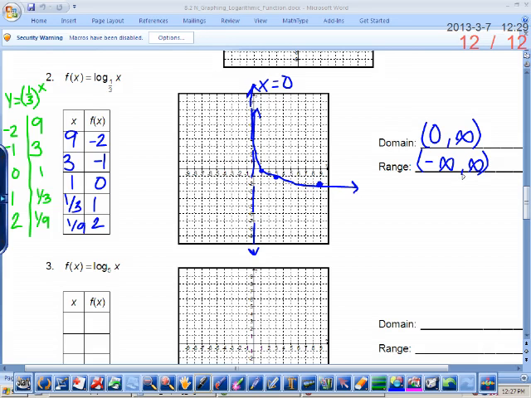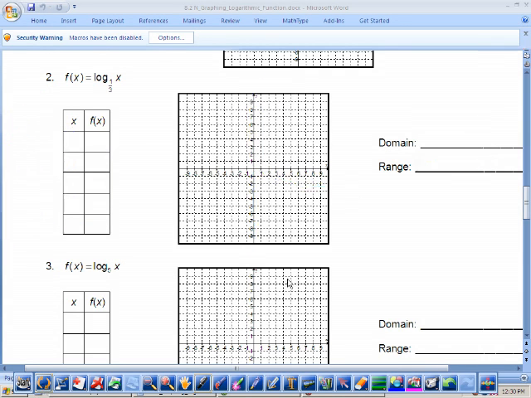All right. Go ahead and try number 3. You don't have to fill out that whole table, but give yourself an idea. Okay, maybe 3 or 4 points. Go ahead and try number 3.